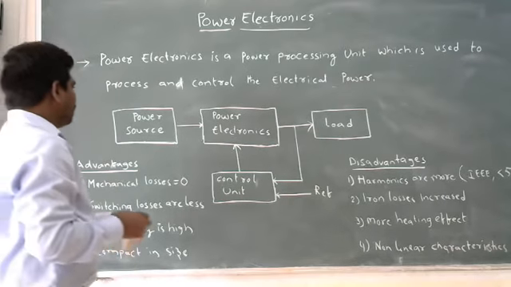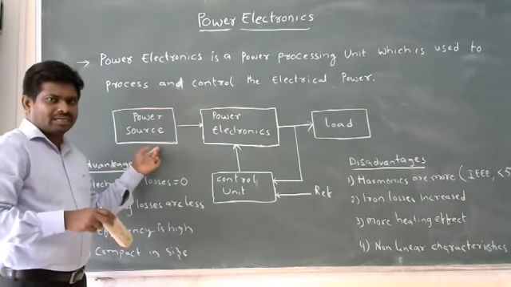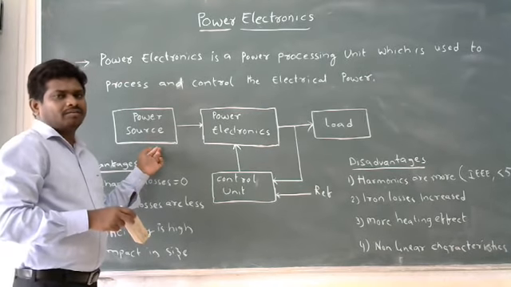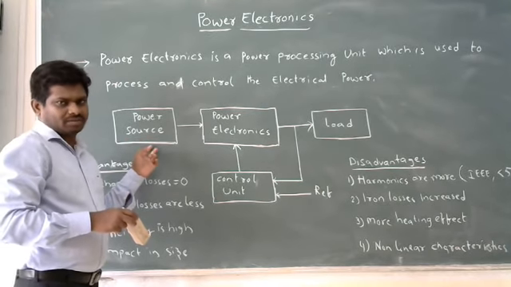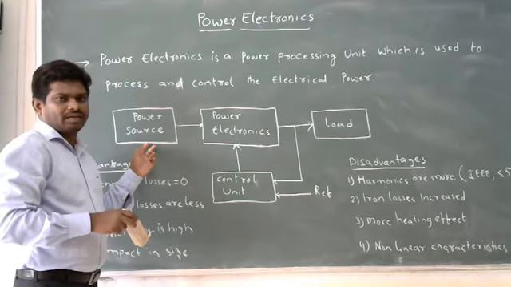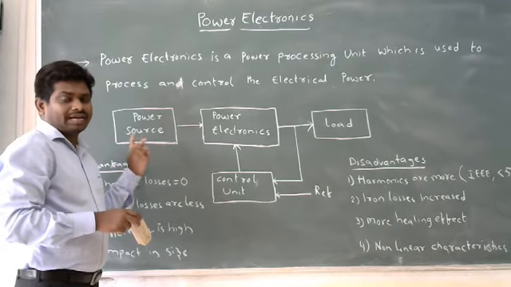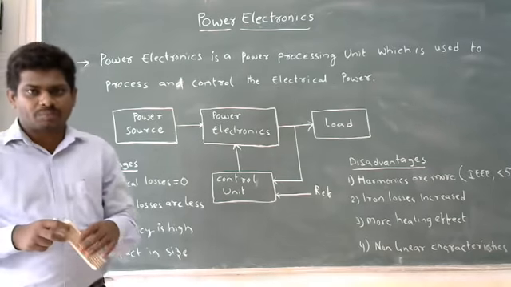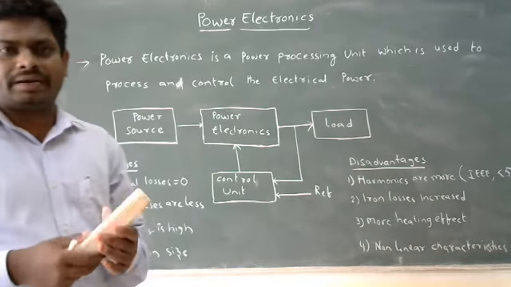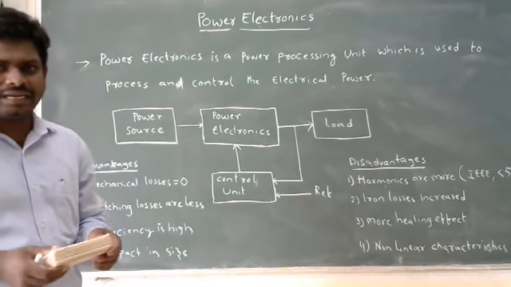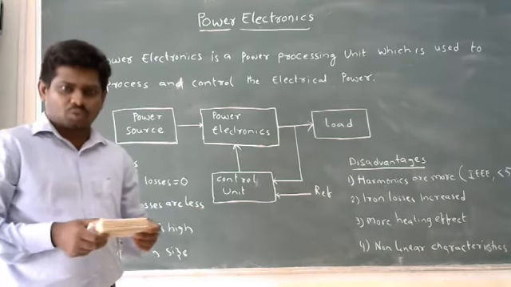DC power is not directly available; it has to be converted from AC, because AC is what is generated at the generating points, and it has to be converted into DC power and stored in batteries. One more piece of information is that AC we cannot store.